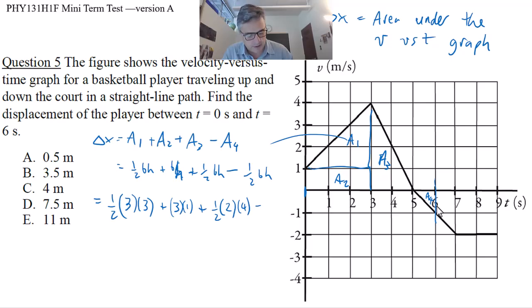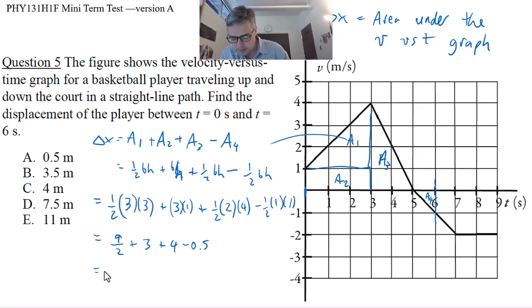And then minus, this is just a 1 by 1, so it's 1/2 of 1 times 1. So working that all out, I've got 3 times 3 is 9 over 2, plus 3, plus these 2's cancel, so it's 4, and then minus 0.5.